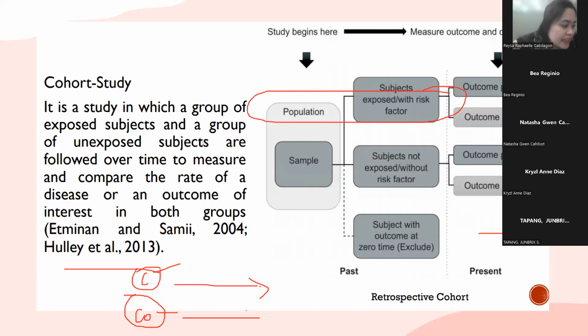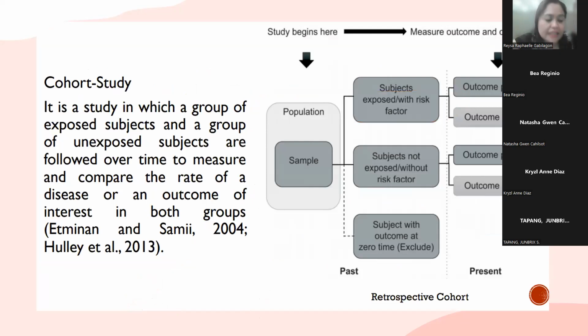The other one is called the cohort study. I don't know if you are into reading articles, journal articles, even published in the internet. Kasi doon natin ito mostly makikita. May mga makikita tayong studies na may nakalagay na this is a cohort study. Okay? So ano ba ibig sabihin yung cohort pag nabasa niyo siya?